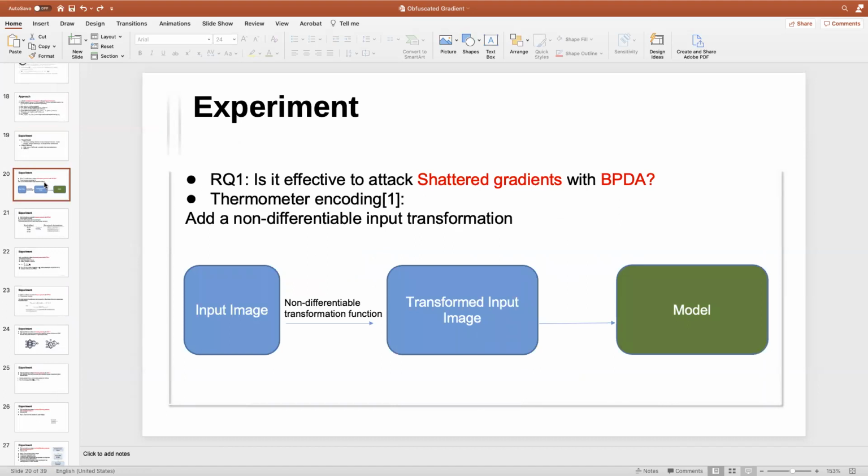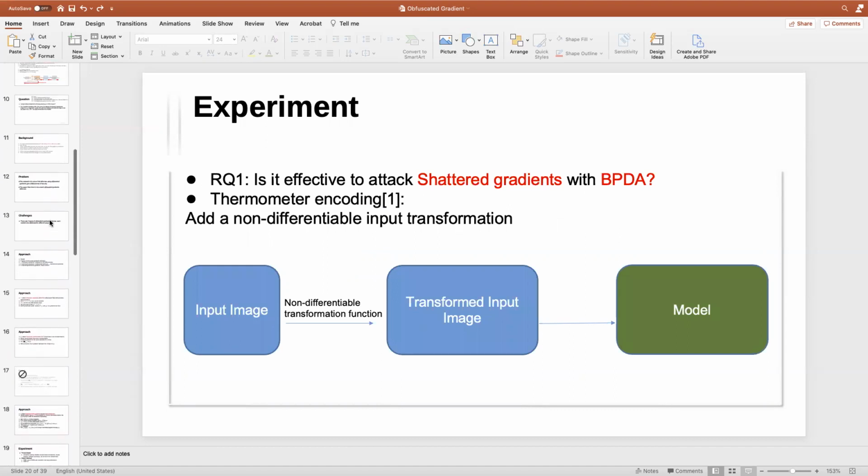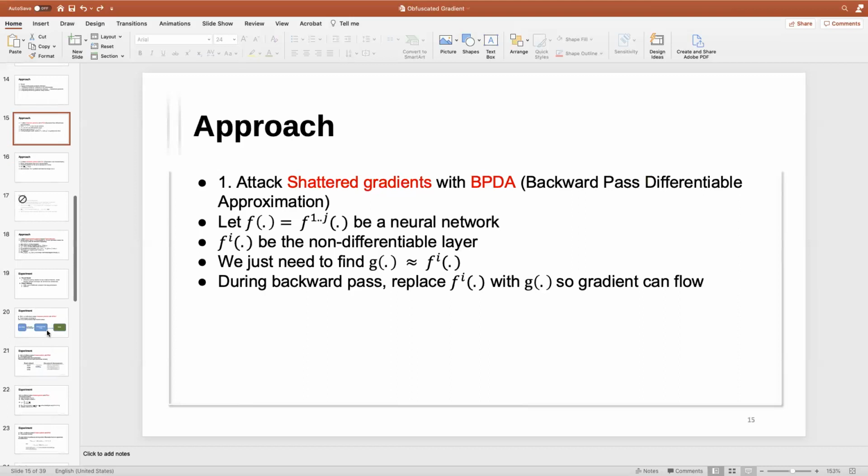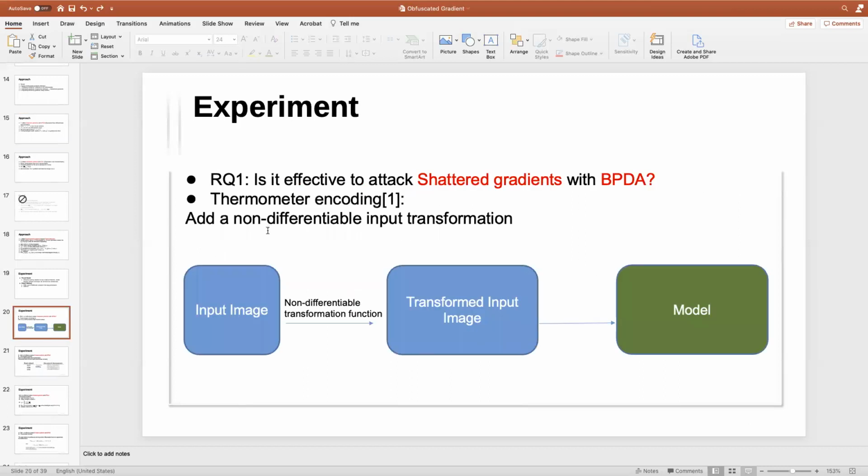So in total, there are 3 research questions to answer. The first question is: is it effective to attack shattered gradients with BPDA, backward pass differentiable approximation? Here they attack one of the state-of-the-art defense methods called thermometer encoding.